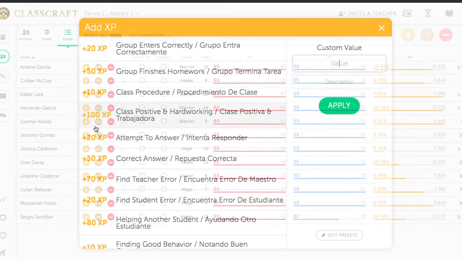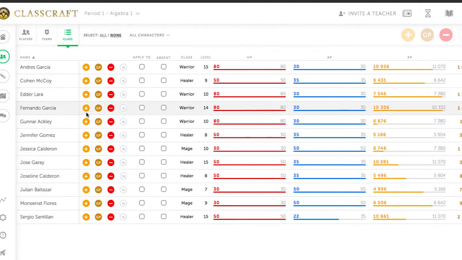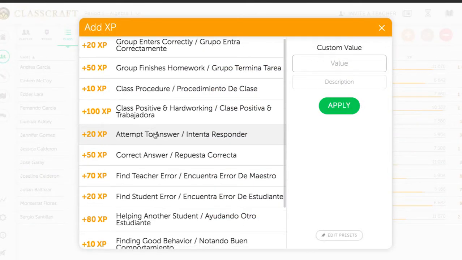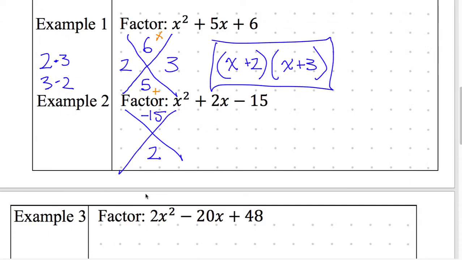Actually, everyone in my group helped me. All right. What 2 numbers multiply to negative 15 and add to 2? That means one of them should be negative, one of them should be positive. Think of all the things that multiply to 15.